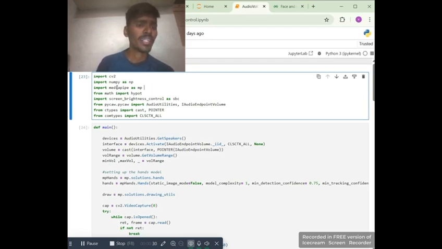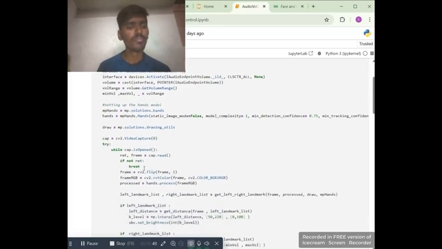And this is math, used for some mathematical calculations. The brightness control library is used for controlling the brightness of the system, and Pycaw is used for adjusting the volume. These are the libraries that I mainly used in this project.